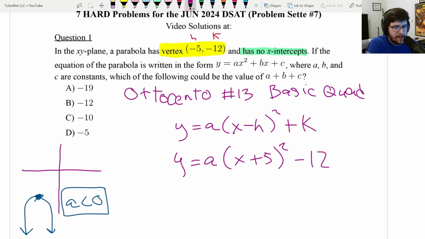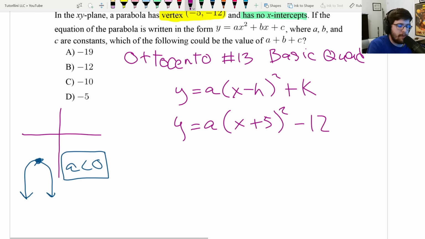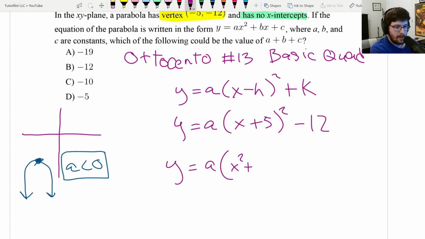We would really love to plug in a point so that we could find a, but we can't plug in a point because they didn't give us one. So what we're going to do is expand this to put it in standard form. So x plus 5 squared is x squared plus 5x plus 5x plus 5 times 5, which is 25, minus 12.